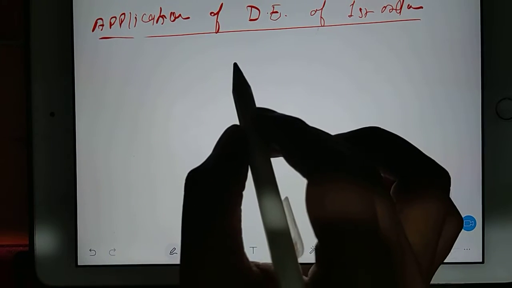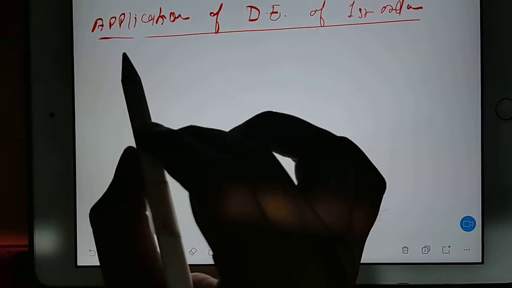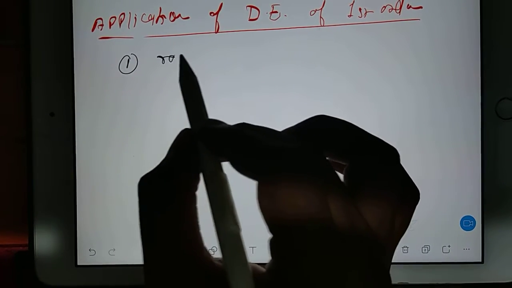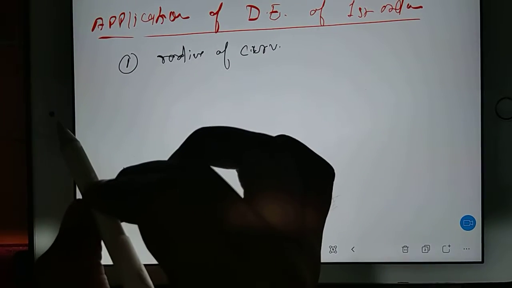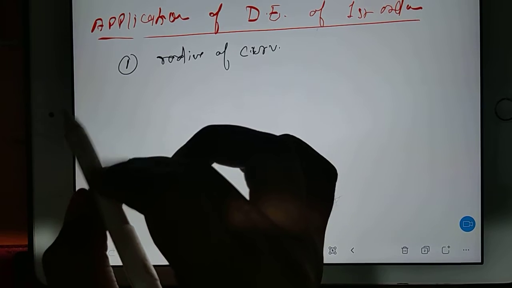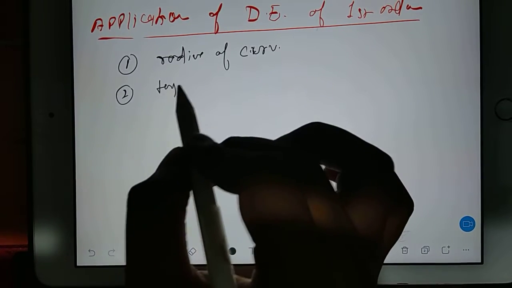Like radius of curvature, where do we use that application? We also calculate tangents using this.